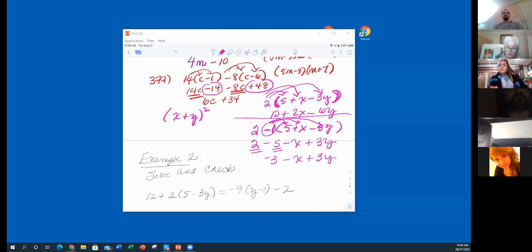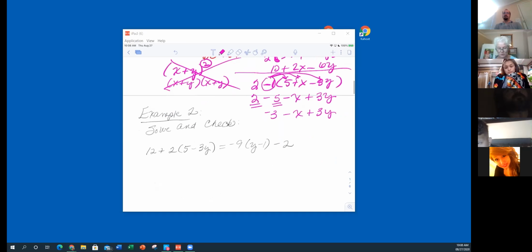You do not distribute an exponent ever. There's no such thing as distribution of an exponent. In this case, and we'll talk about this later, this would just be x plus y times x plus y, and then you'd have to use FOIL. So that's another thing that people do that's not kosher.